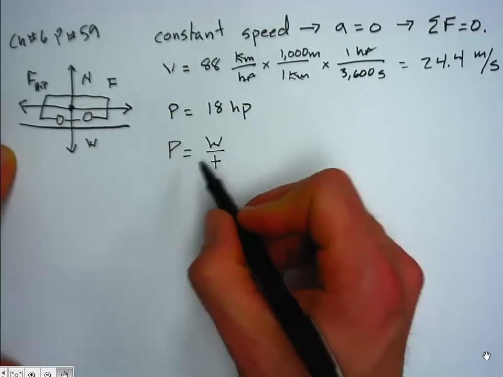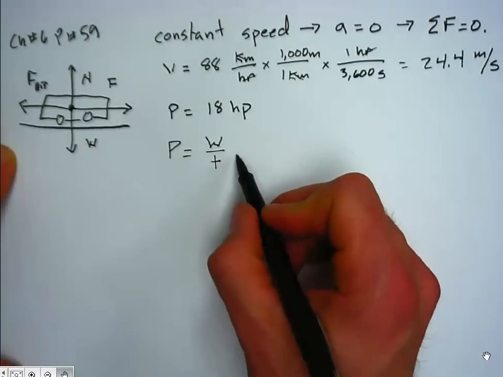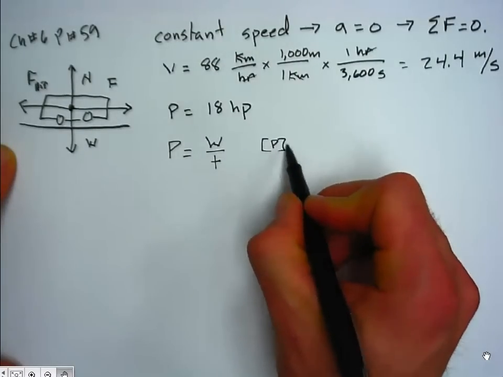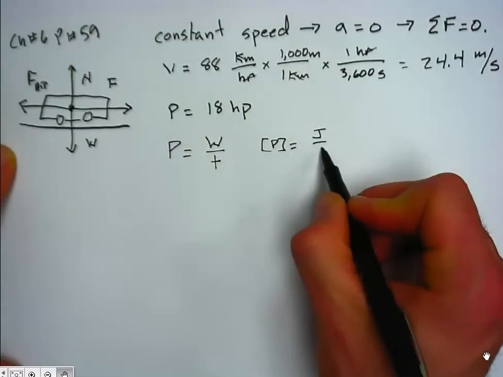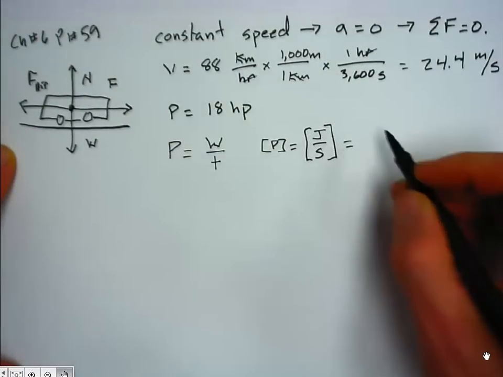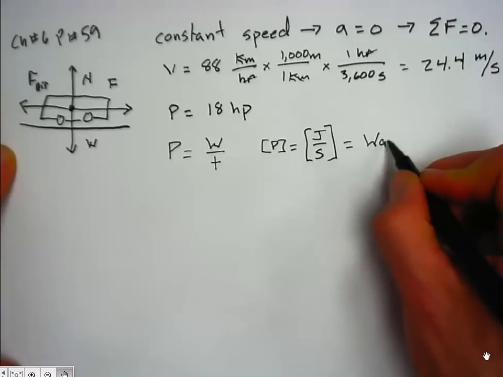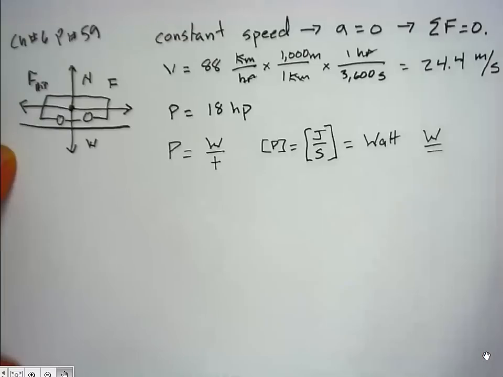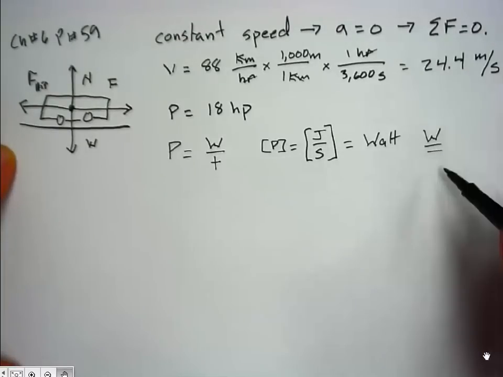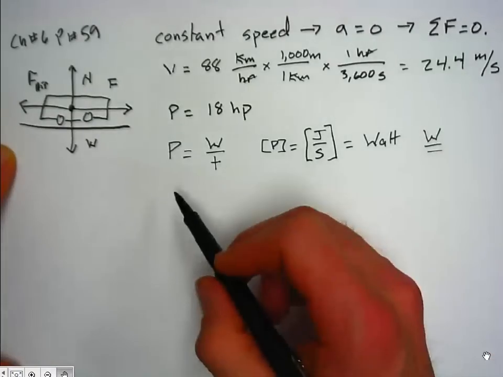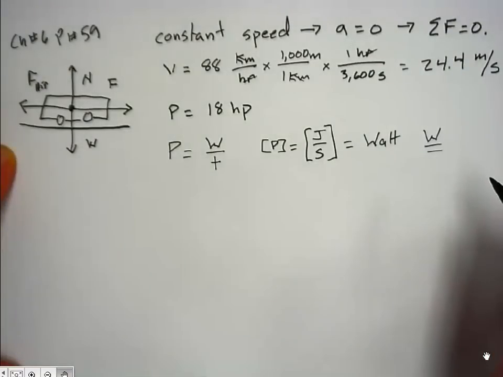So the unit for power, or work per unit time, would be joules per second, right? And a joule per second is also known as a watt, named after James Watt, or W, all right? Now be careful in these problems that you don't confuse W for watt and W for work, okay? So the SI unit of power is the watt.